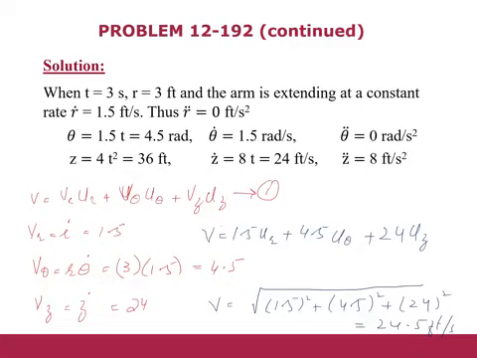So that is how you can calculate the velocity of the robotic arm after 3 seconds. Similarly you will adopt the same procedure for finding out the acceleration of the robotic arm.